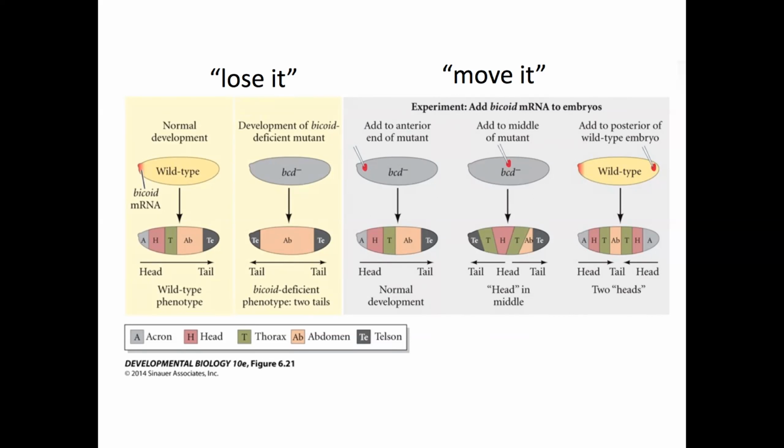So now they took the Bicoid mRNA and moved it around in the embryos. These are like exciting, curiosity-based experiments. Now this Bicoid mutant condition normally would develop into two tails and an abdomen, which is mostly like mirror image of each other.